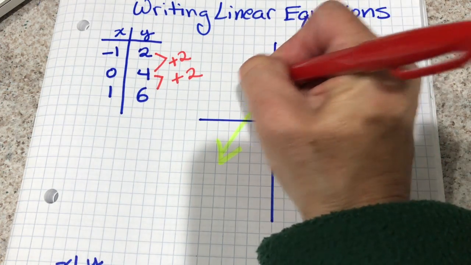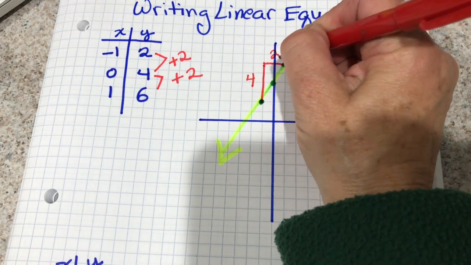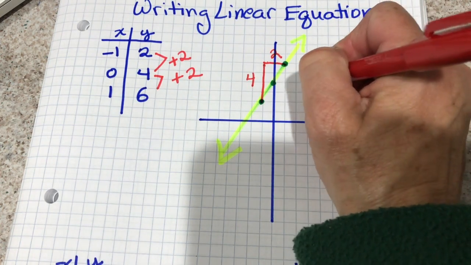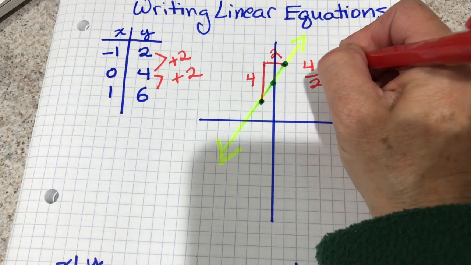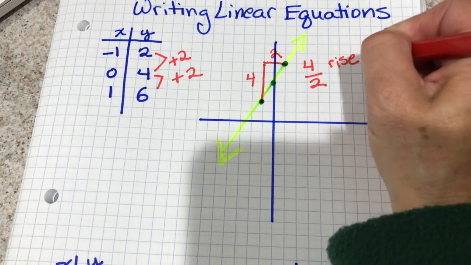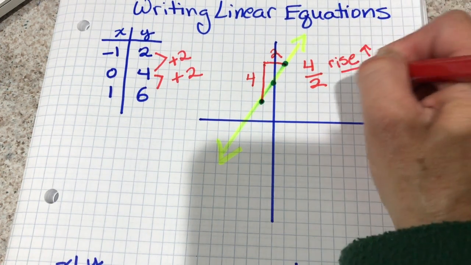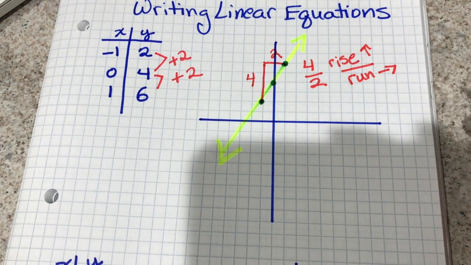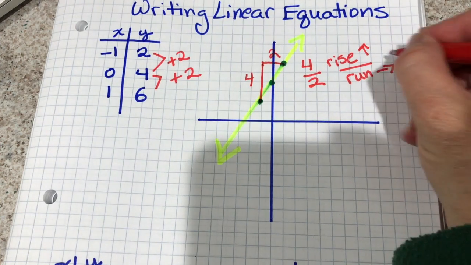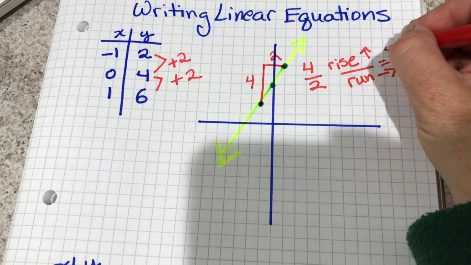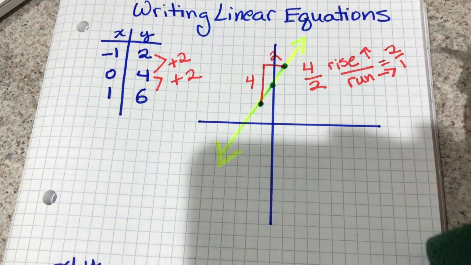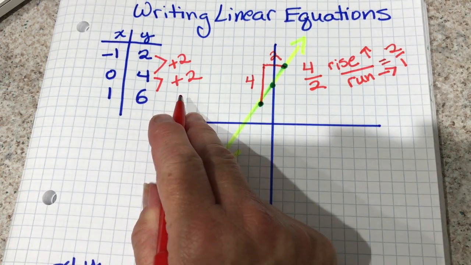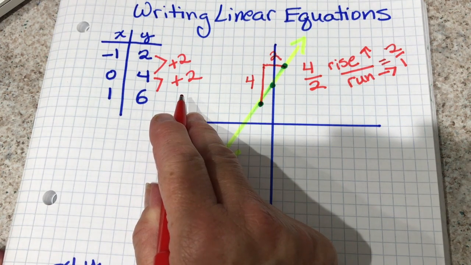We've gone up 4 and 1, 2 across. We've gone up 4 and across 2. That's rise, how far up, over run, how far you run across. Well, 4 over 2 can be simplified into 2 over 1, or 2, which is exactly the same thing we got in the table when we looked for our slope, or rate of change.